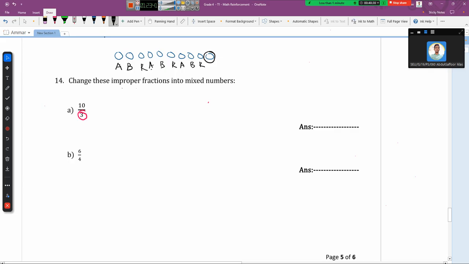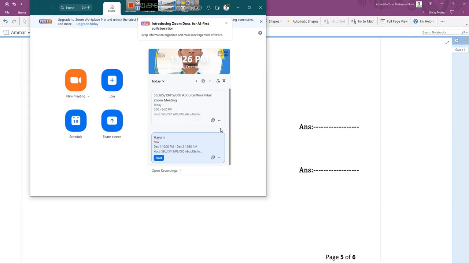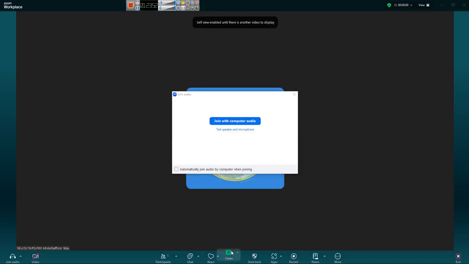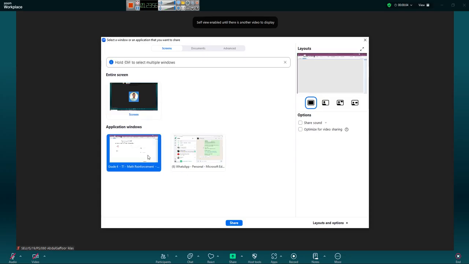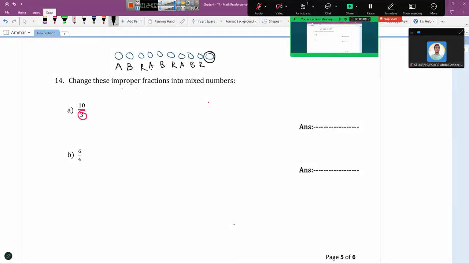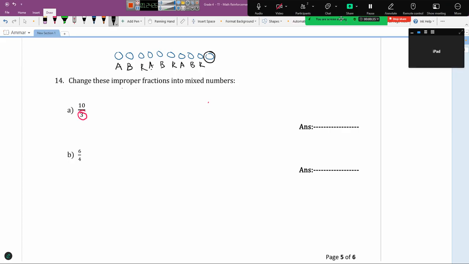You have to divide it into 3 portions, right?